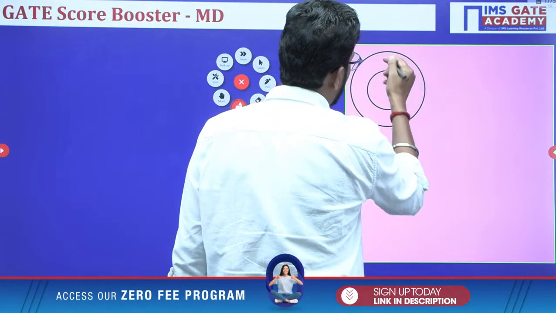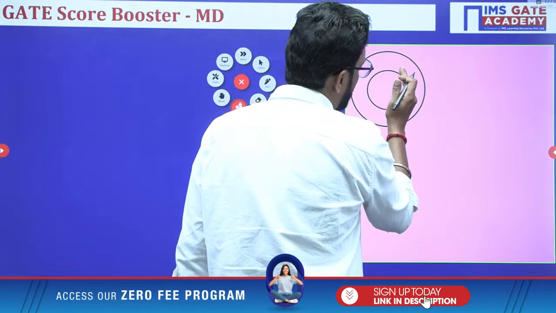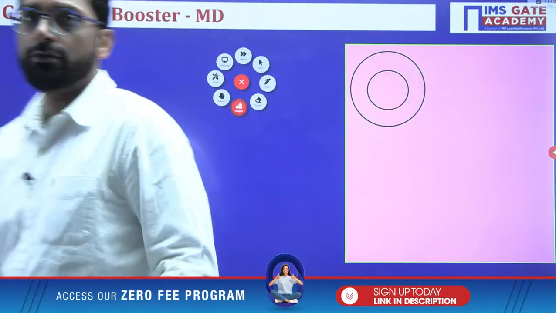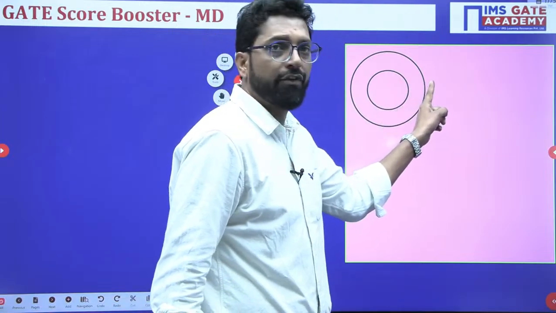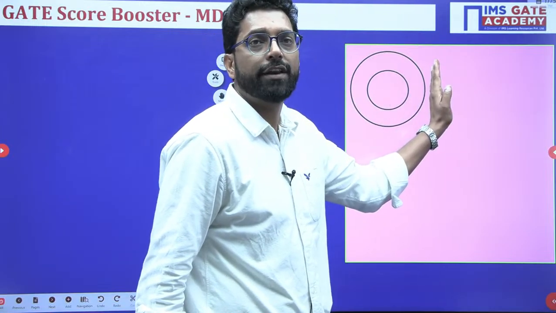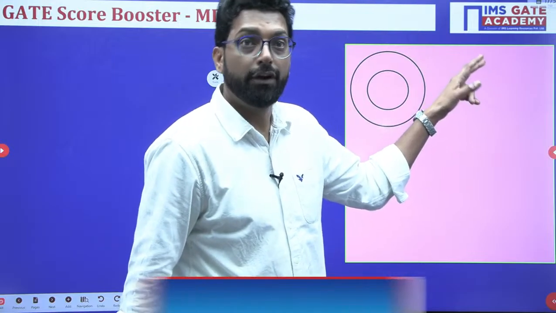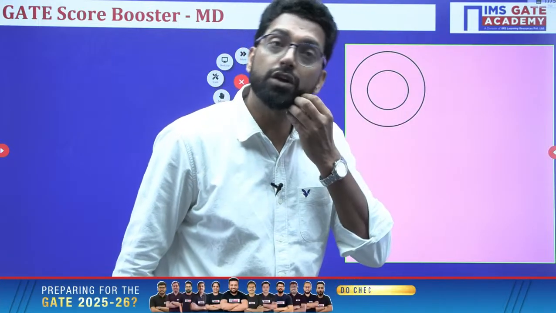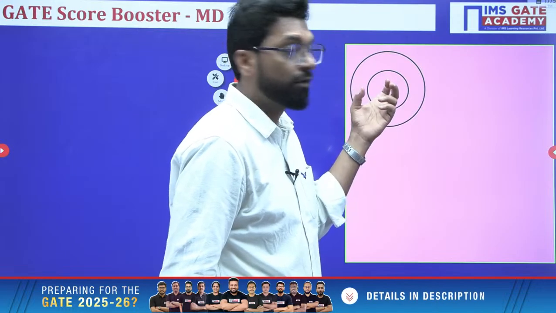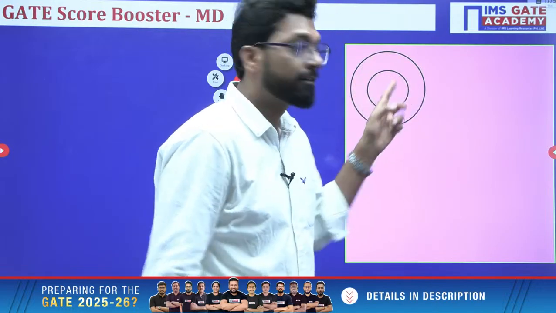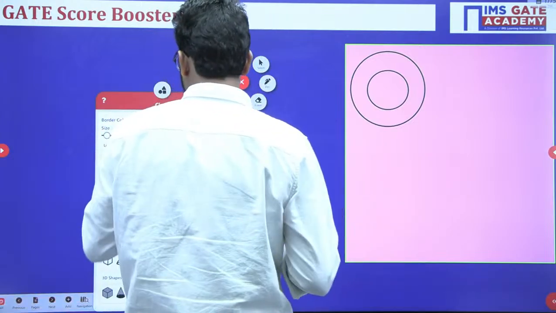And this is your friction lining, and the frictional torque will vary. Why? Because the area is varying from the center to the periphery. So if you calculate the total frictional force or frictional torque, we have to take an elemental ring.